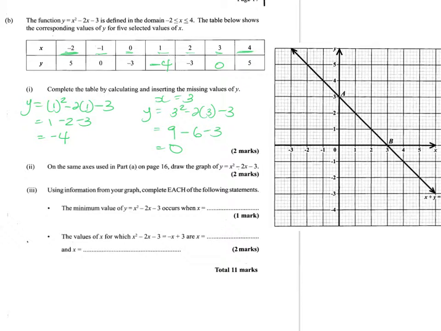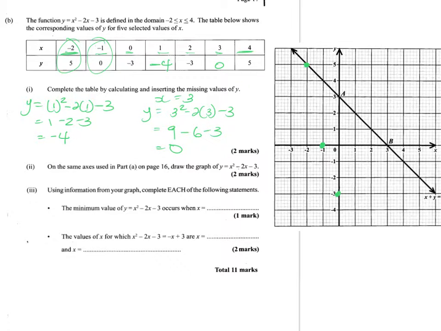On the same axes used in part A, on page 16, draw the graph. So each of these turns into coordinates. The first coordinate will be minus 2, 5. The next coordinate will be minus 1, 0. The next will be 0, minus 3.